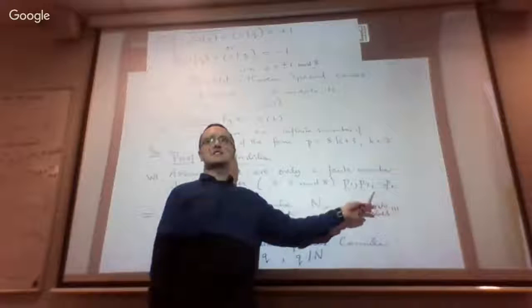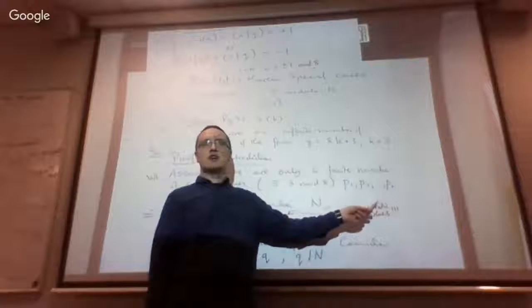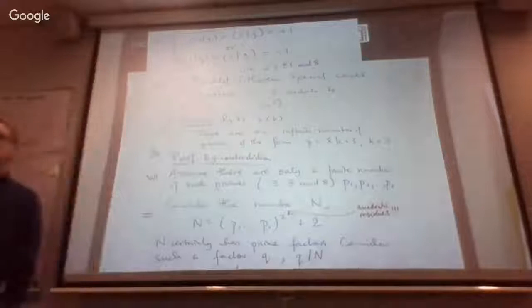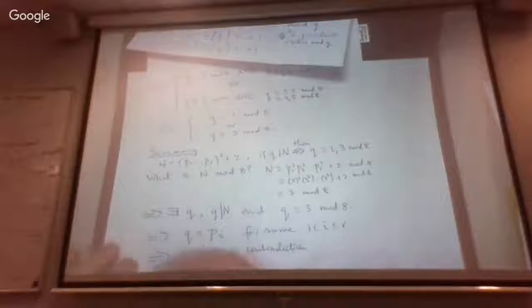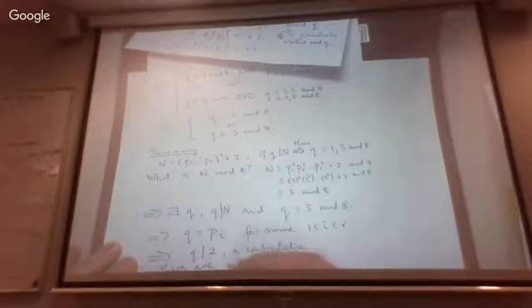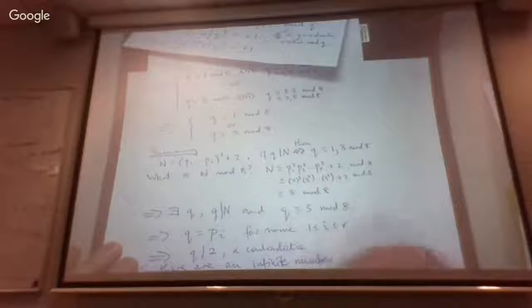We know there are some of these things because 3 and 11 are primes congruent to 3 mod 8. There can't be a finite number of them, so there must be an infinite number. So there are an infinite number of such primes.